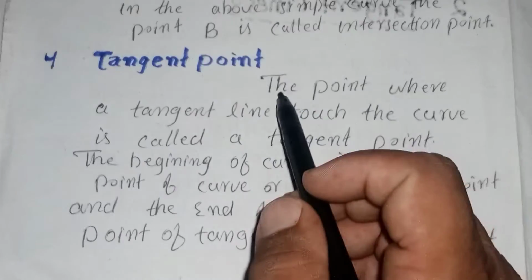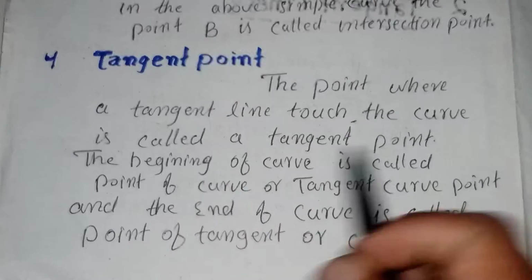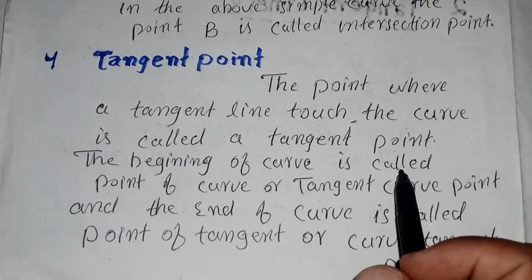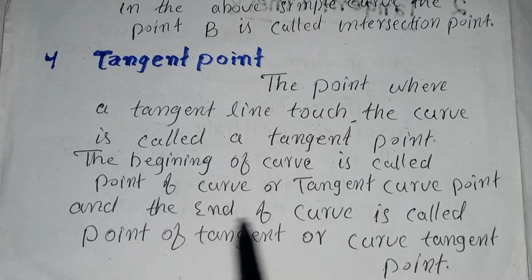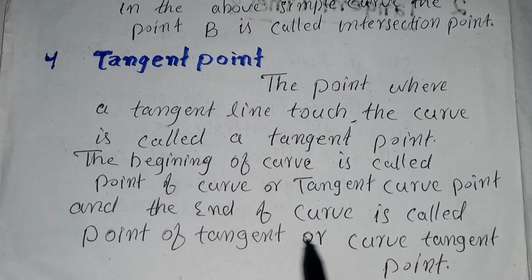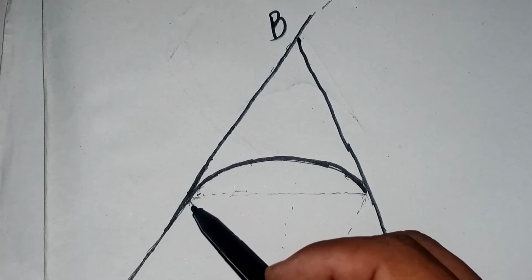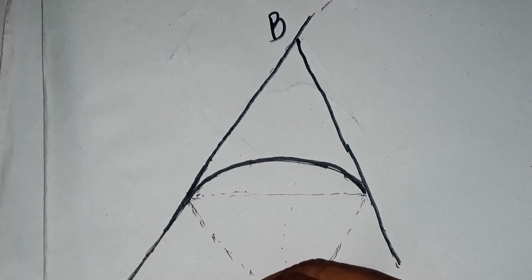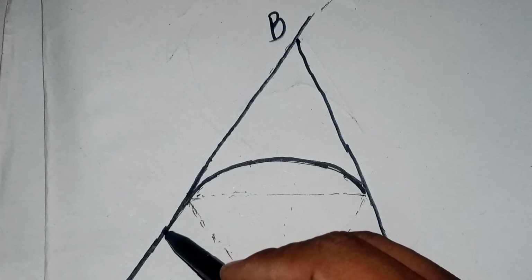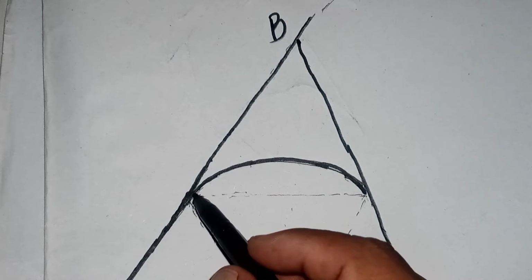Fourth, tangent point. The point where a tangent line touches the curve is called a tangent point. It means that when a tangent line or straight line touches the curve, here this straight line passes through and touches the curve at this point.